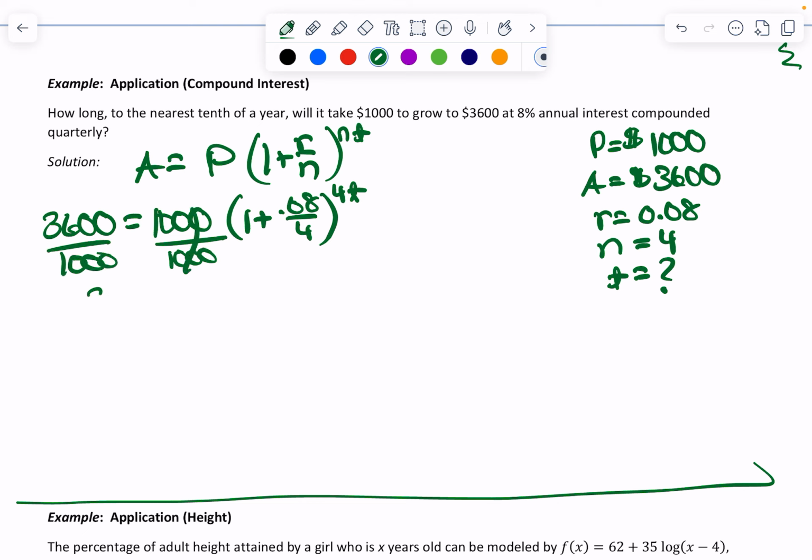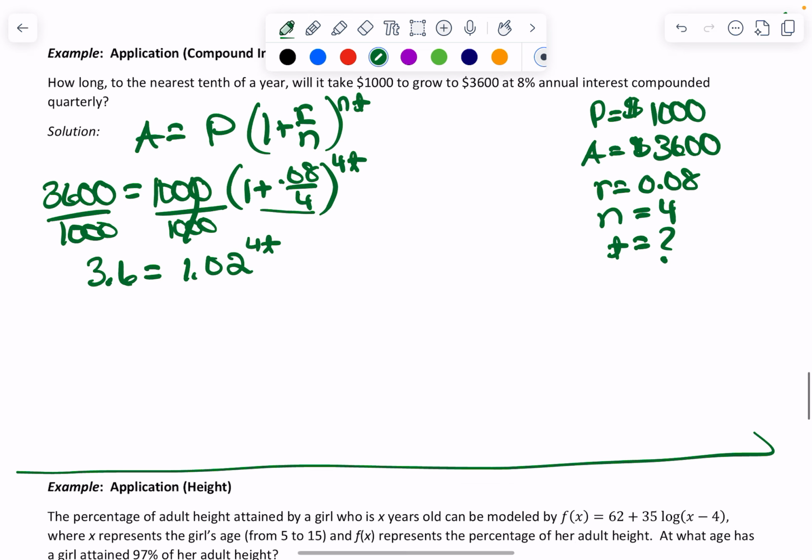So we get 3.6 equals 1.02 to the power of 4t. Since we have the t in the exponent, we're going to take the natural log of both sides.